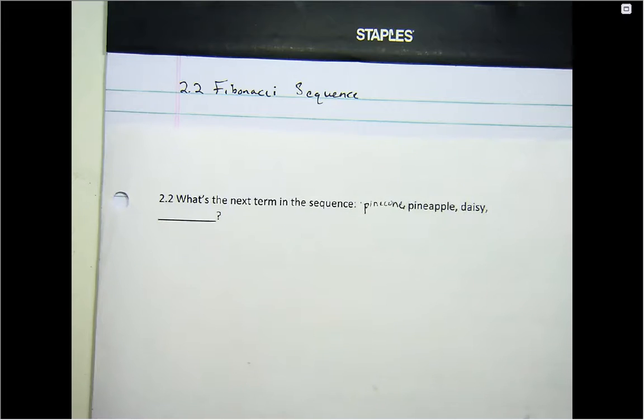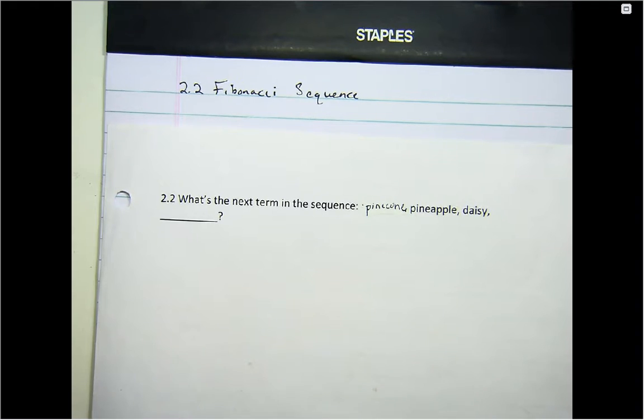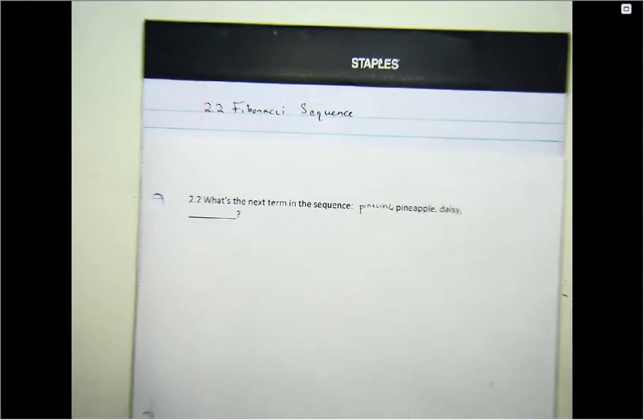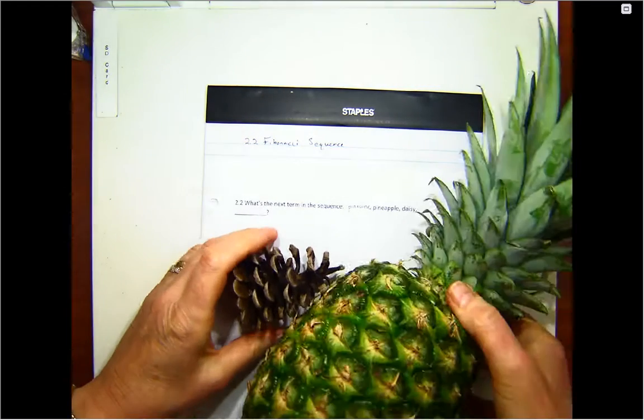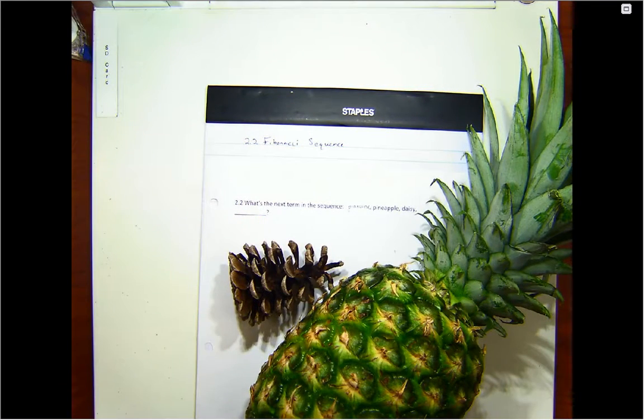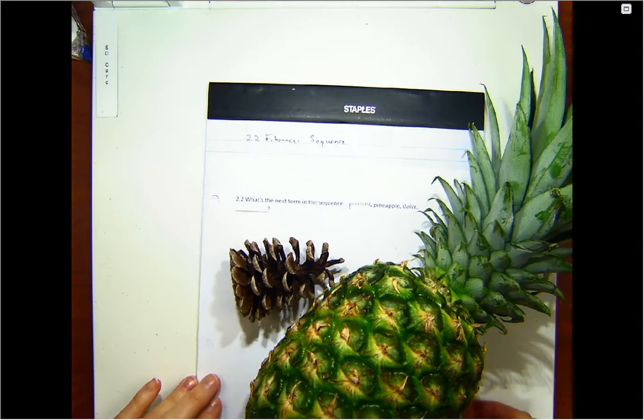So the question here is, what's the next term in the sequence? We have pine cone, pineapple, daisy. What comes next? So let's take a look at the pine cone and pineapple. And if you can picture a daisy, what in the world do these have in common? Why would they all be together in a sentence at all?